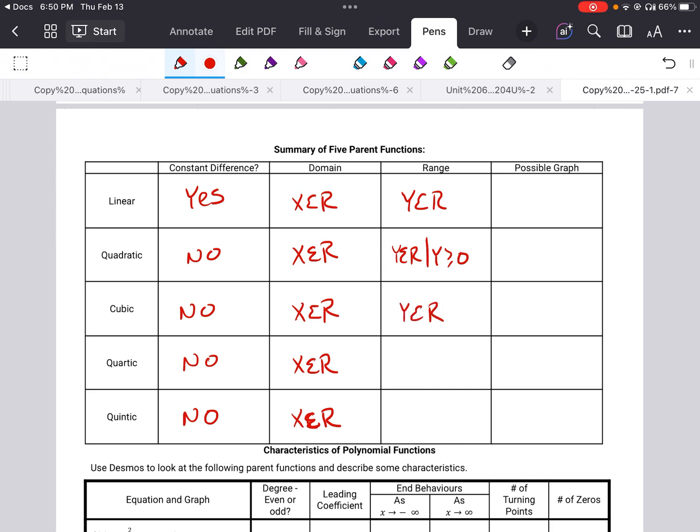Okay, cubic, an odd degree, goes up and down forever. Quartic, an even degree, will have a restriction at 0. And odd degree quintic is just y ∈ ℝ. Okay, and then the possible graphs, we've already kind of looked at these, so let's just do this quickly.